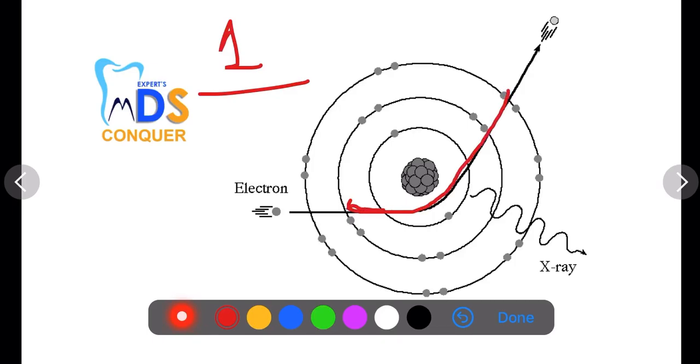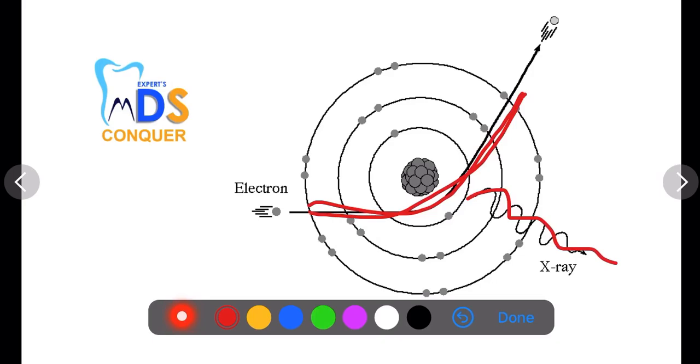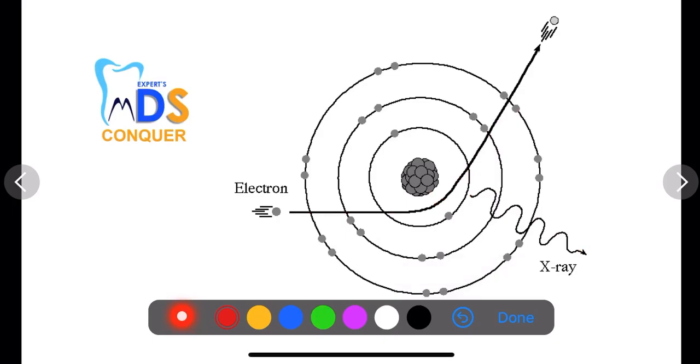It nearly misses the nucleus and it goes like this. During this process, it loses its velocity. As you can see, it loses its velocity. This deceleration will release kinetic energy that is emitted as X-ray photons.